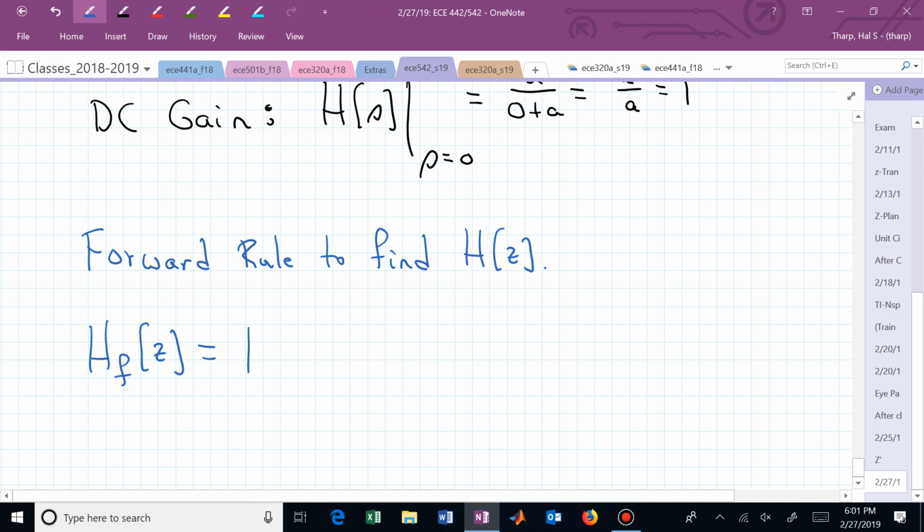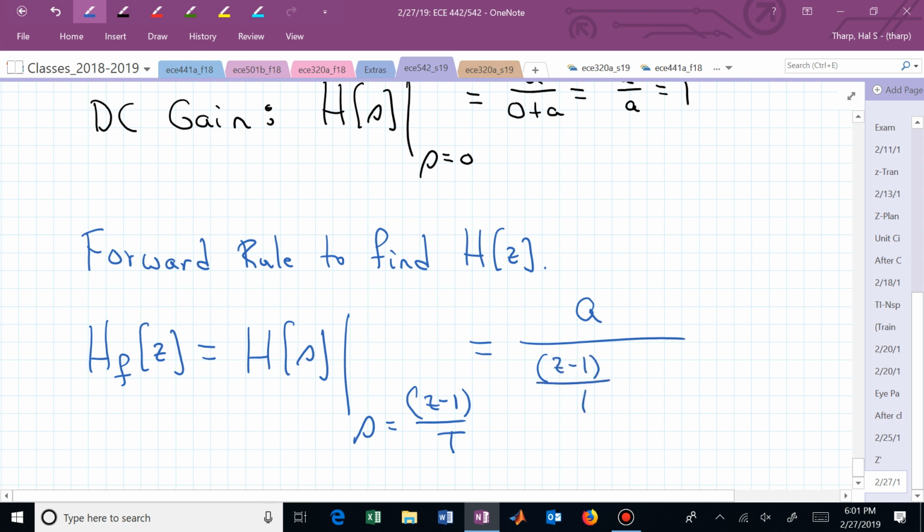What we said we could do is take the original H of s, and everywhere we see an s, we simply replace it with z minus 1 over T. That now becomes a over z minus 1 over T plus a.